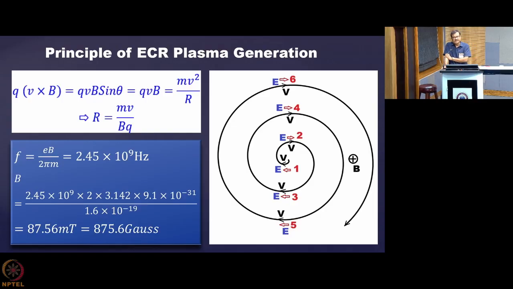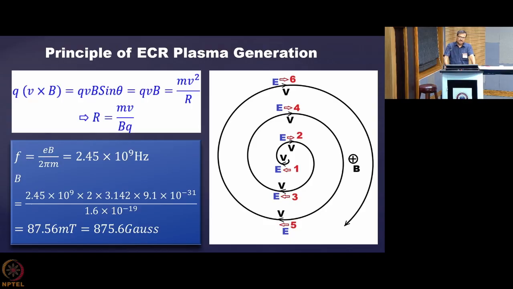For resonance with the standard commercial microwave frequency of 2.45 gigahertz, we see that the required magnetic field will be 875.6 Gauss. So now you are very much clear how you are able to impart the energy in an ECR planar source in a resonance manner using a linearly polarized electric field in this case.